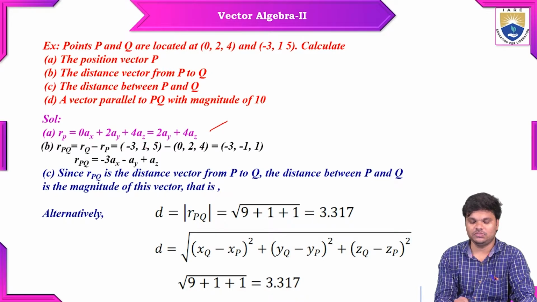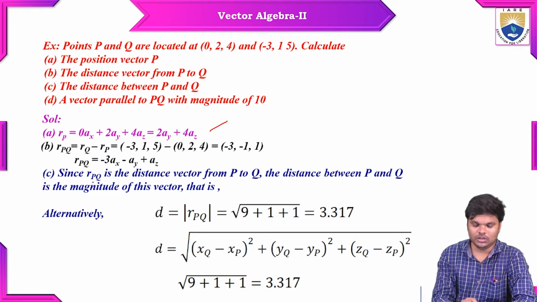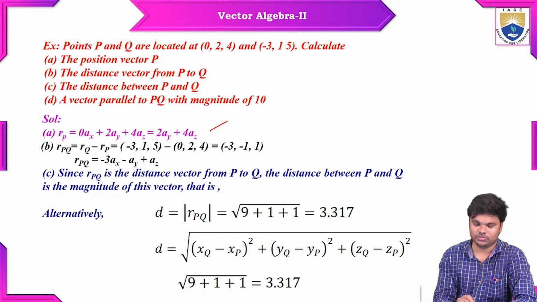If you subtract this one from this one, you will get (-3, -1, 1). Then RPQ is -3AX minus AY plus AZ. Since RPQ is a distance vector from P to Q, we are also asked to find the distance between P and Q. The magnitude of the distance vector is the distance between P and Q, so that is what is written here.